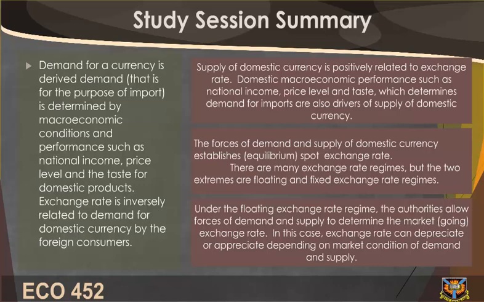There are many exchange rate regimes, but the two extremes are floating and fixed exchange rate regimes. Under the floating exchange rate regime, the authorities allow forces of demand and supply to determine the market-going exchange rate. In this case, exchange rate can depreciate or appreciate depending on market condition of demand and supply.